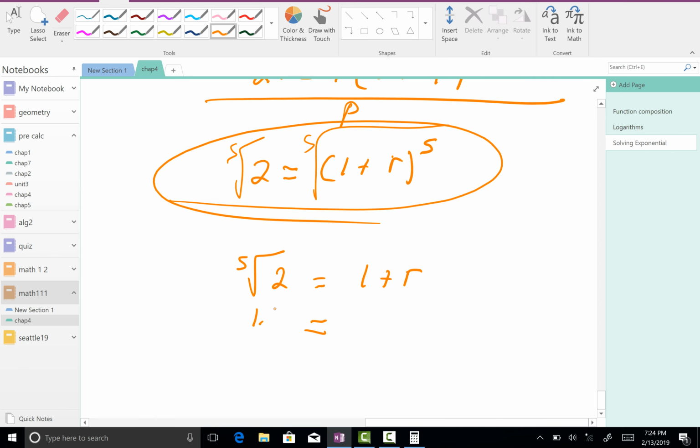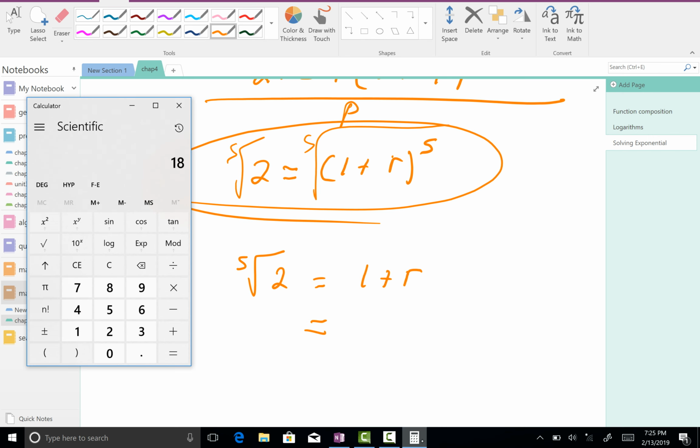This is like 1.14, right? Could you leave it as the fifth root of 2? Oh, no, that's not 1.14. No, you should probably figure it out. I'm going to try to do it on here. No, that won't work. I have to go 5, root 2, enter.